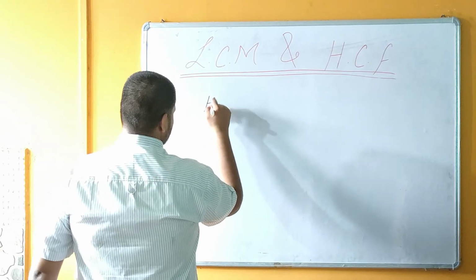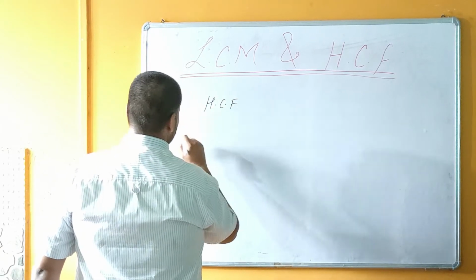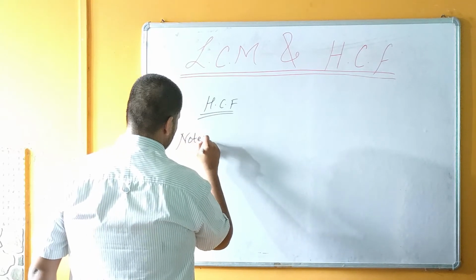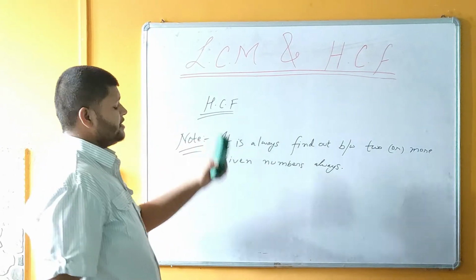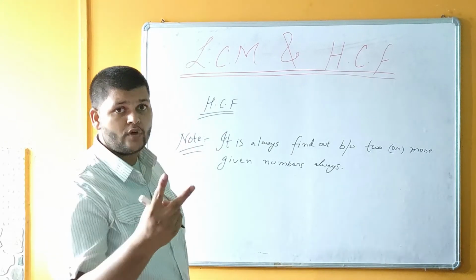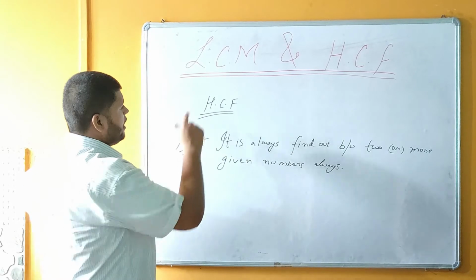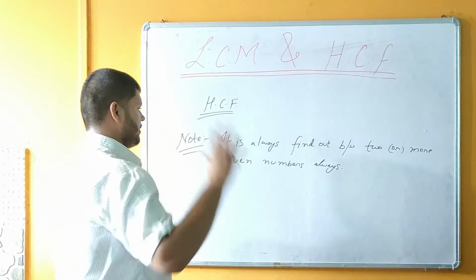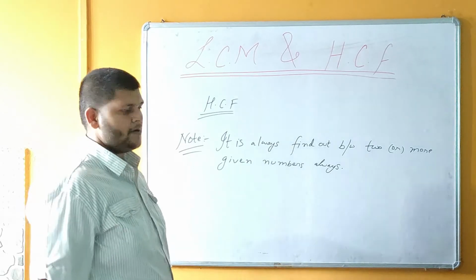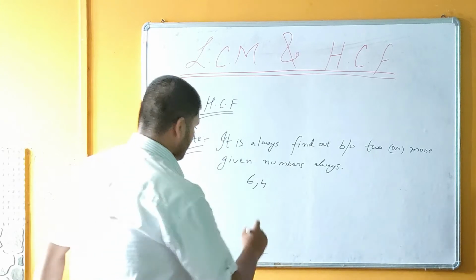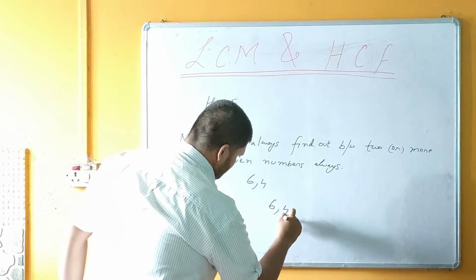So for HCF, the note is HCF is always found between two numbers. At least two numbers are required to find HCF, and at most you can take any number. For suppose in the previous example we took 6 and 4, but you can also take 6, 4, 2.